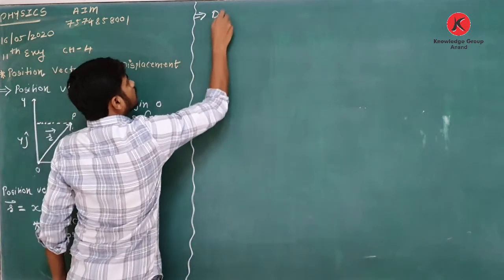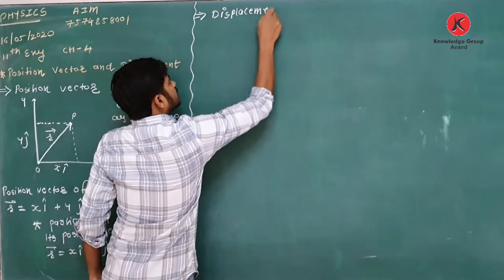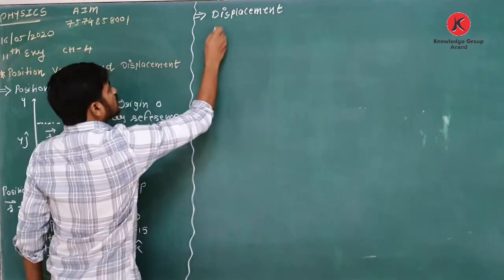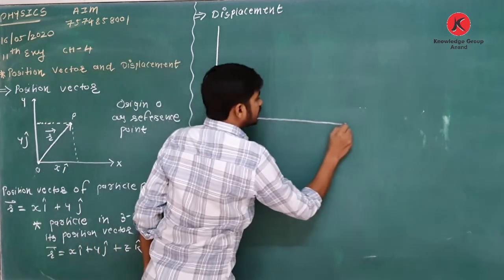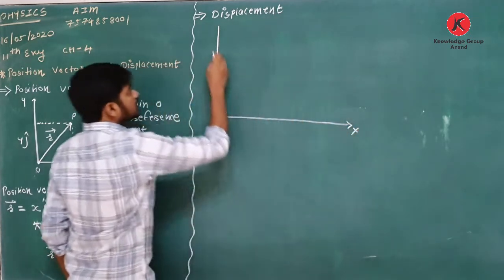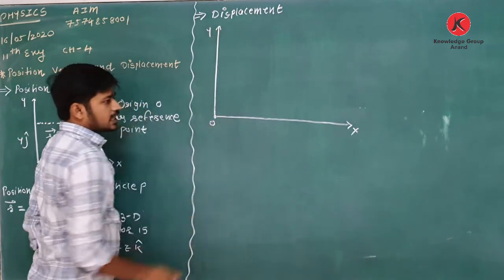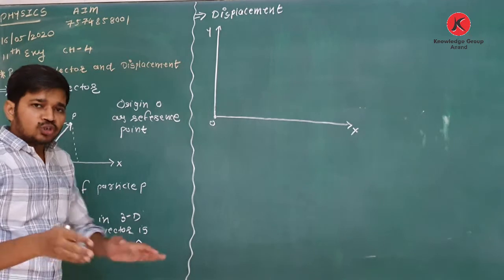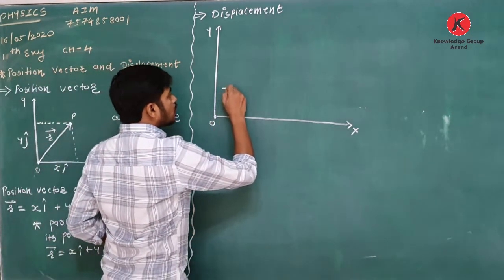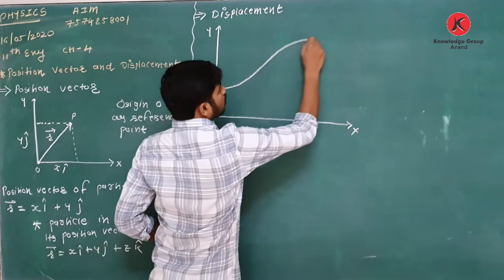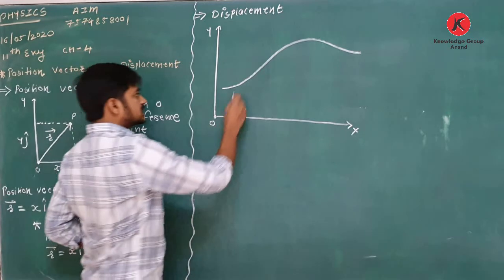About displacement, we will take one condition. Let this be the x-axis, this the y-axis, and this the origin, and we are taking the motion of a particle. Let one particle be moving on a path like this, in this direction.